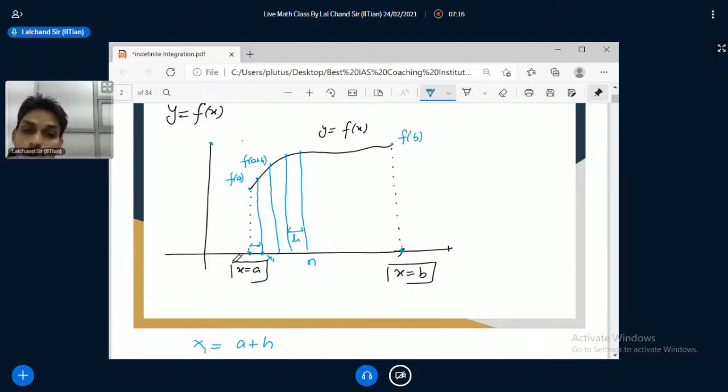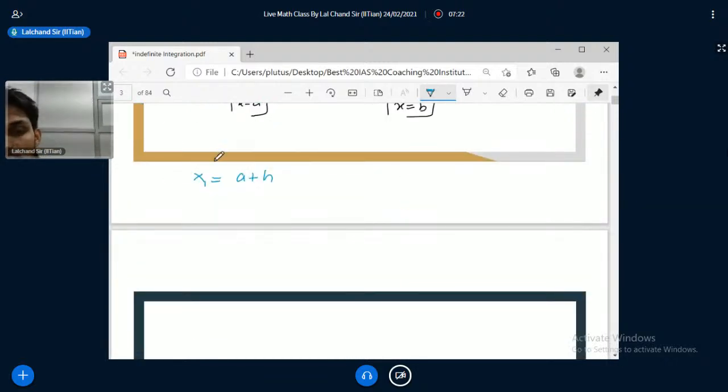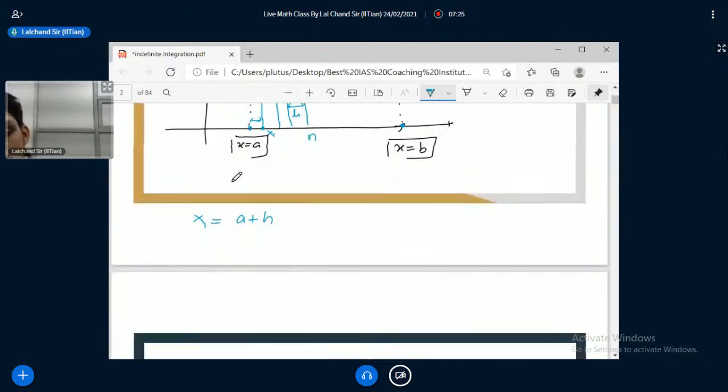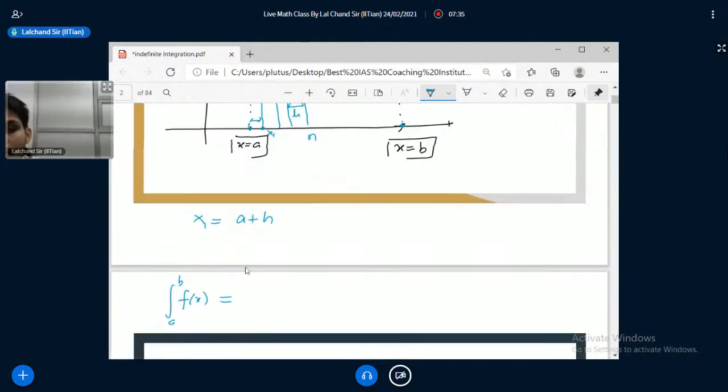Okay, if we add all these small areas from a to b, similarly we can say the whole area, that is the integral from a to b of f(x) dx, is equal to the sum of all these areas. So we can write h into f of a plus f of a plus h, up to the last point f of b.